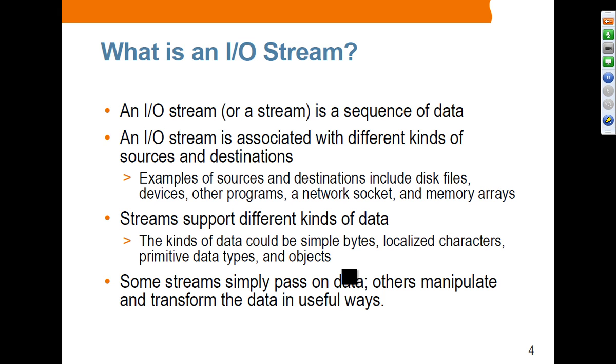Streams also support different kinds of data. It could be bytes, characters, data types, or objects. We are going to see all these different types of data being used. And some streams simply pass the data, while other streams actually perform some manipulation and transformation. We're going to see examples of this as well.